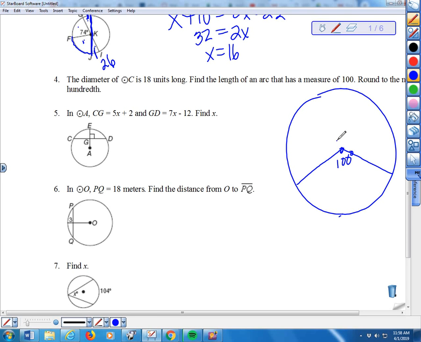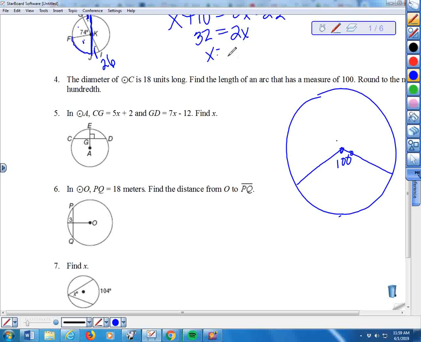So we're just going to set a ratio up. 100 degrees is to the whole circle, which is 360, as this piece, x, is to the whole circumference. So what's the circumference of a circle with a diameter of 18? What's the formula for circumference? Pi times diameter. So the circumference is going to be 18 pi.